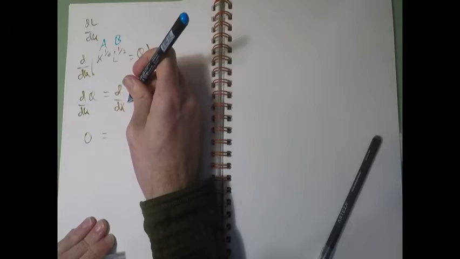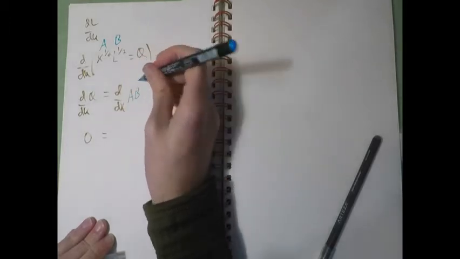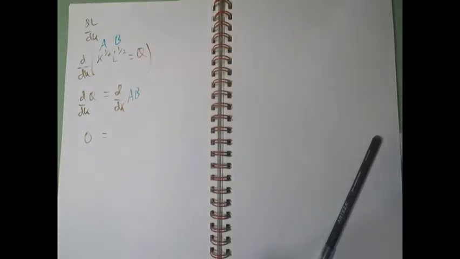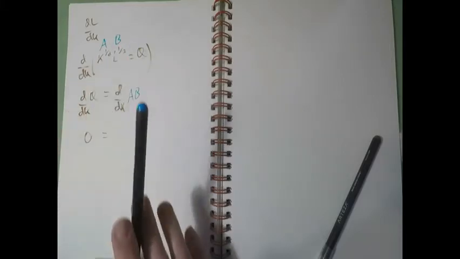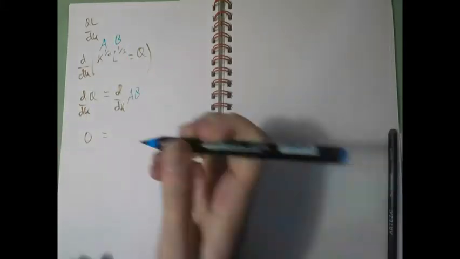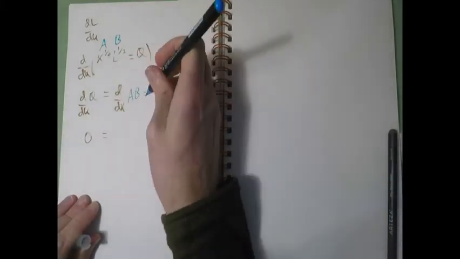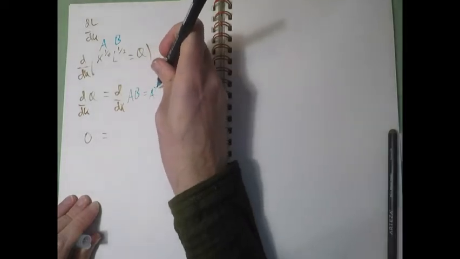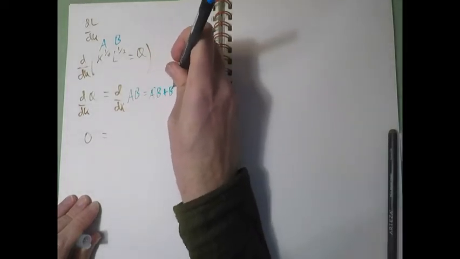So we're looking at d/dk of a times b, and both of these are functions of k. This one explicitly, and this one implicitly. So we're looking at a derivative of two functions being multiplied by each other. Well, that means that we're looking at the product rule, which means we're looking at a prime b plus b prime a.